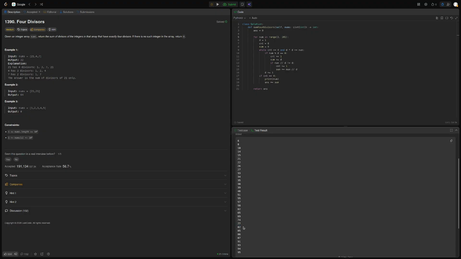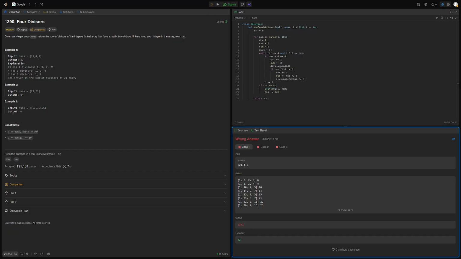Really, this is just 4 divisors. Let's see.